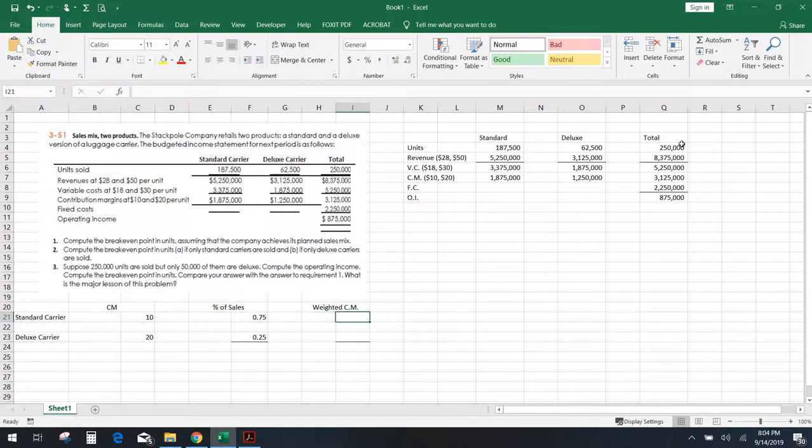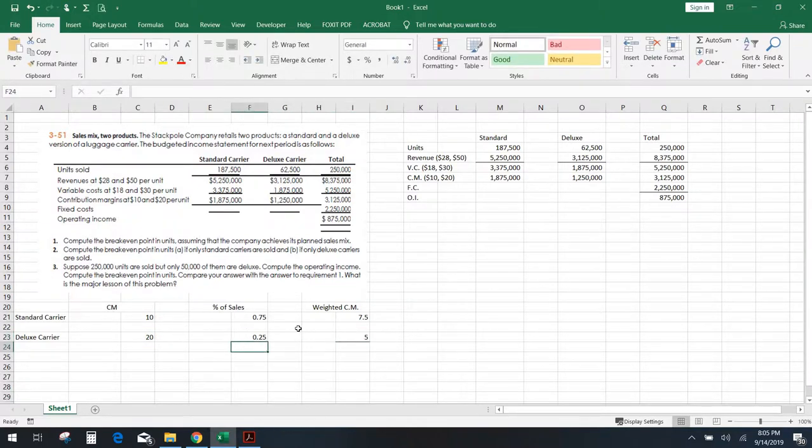Now the key to this problem is to get the weighted contribution margin. What you do to get that is multiply the actual contribution margin times the percentage of sales to get the weighted contribution margin, and that's $7.50. And you do the same thing for the deluxe, and that's $5.